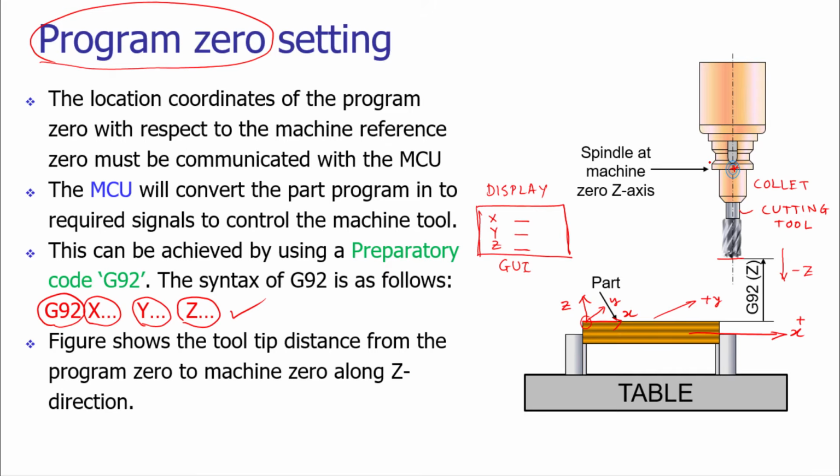So whatever distances will be communicated later, those distances would be taken care of by the MCU by adding these offset values. So the controller will understand that it has to reach the program 0 by adding the XYZ values, and from this point onward it has to carry out the operations as per the instructions given by the programmer.